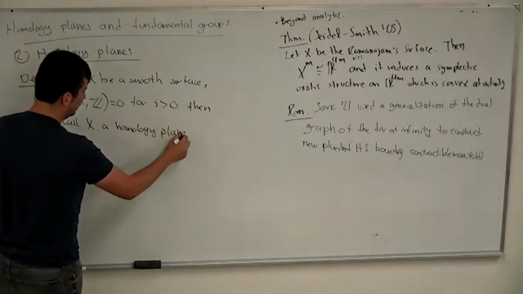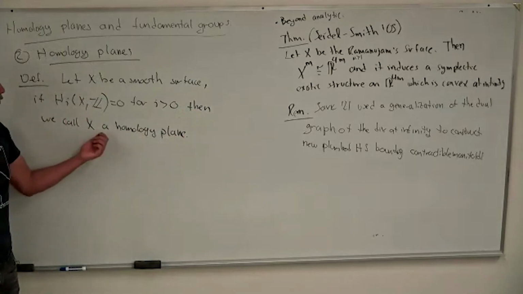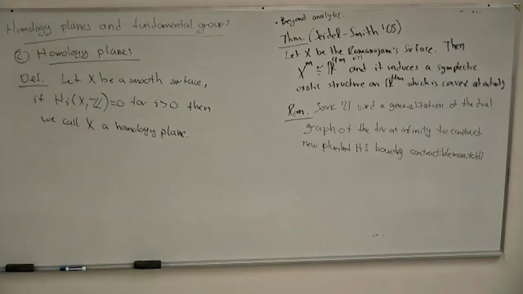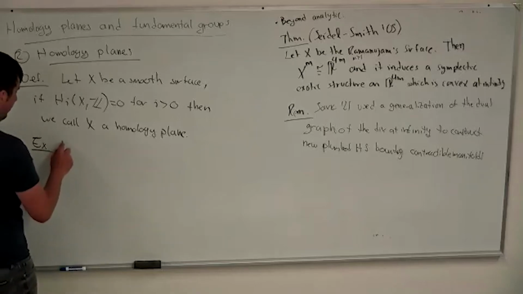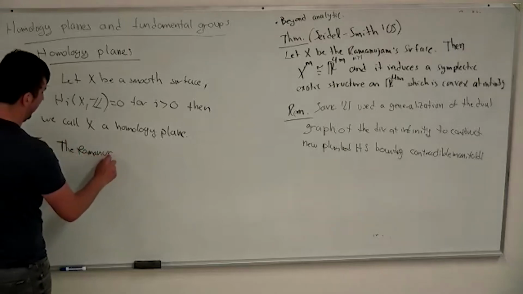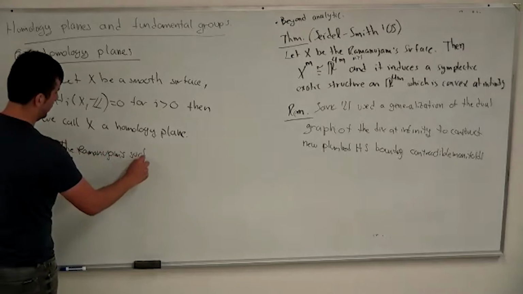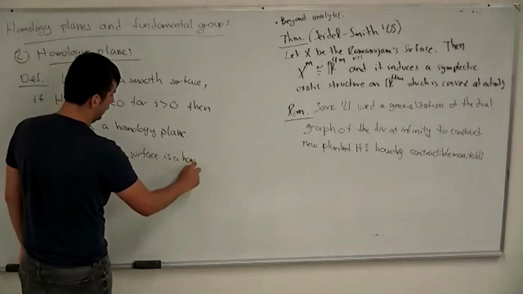Now we can replace Z by Q, and we can say that we have a Q-homology plane. Okay. And now, the example that we have been treating, the Ramanujan surface, is a homology plane.